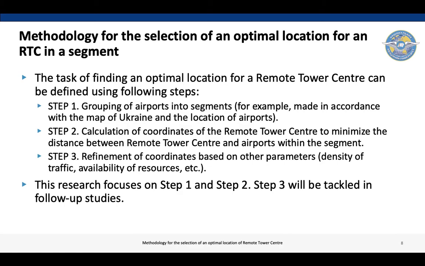In step 2, calculate the coordinates of remote tower centers to minimize the distance between the remote tower center and airports within the segment. And step 3, to refine the coordinates based on other parameters, for example, density of traffic, availability of resources, and so on. During this research, we are going to focus on step 1 and step 2. Step 3 is going to be tackled in follow-up studies.